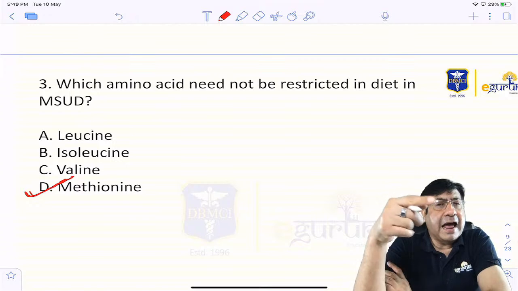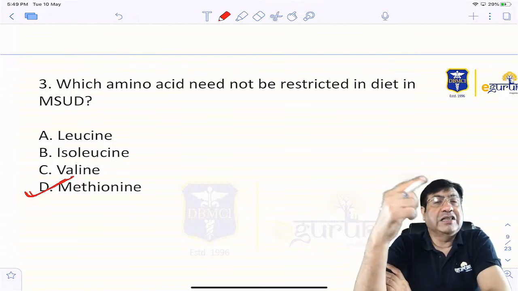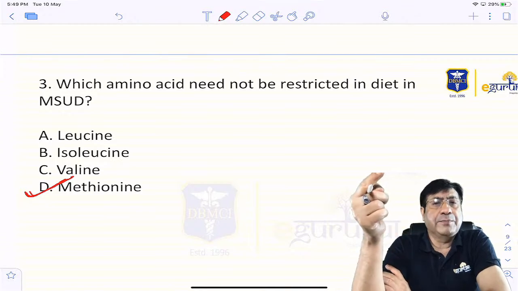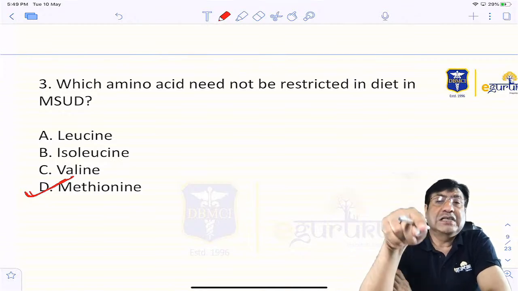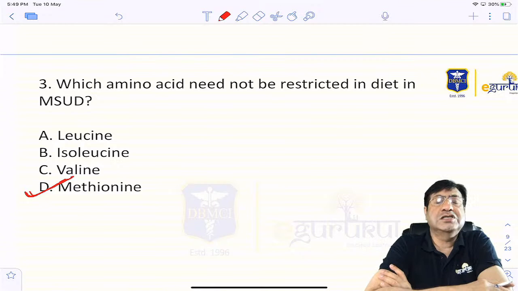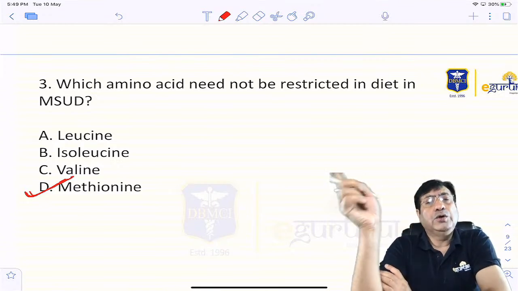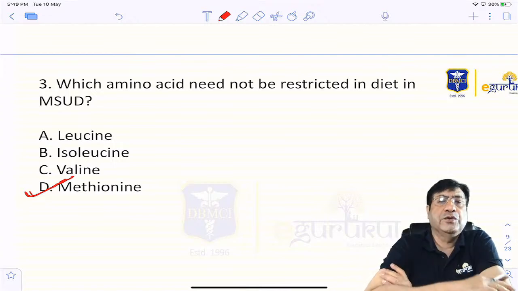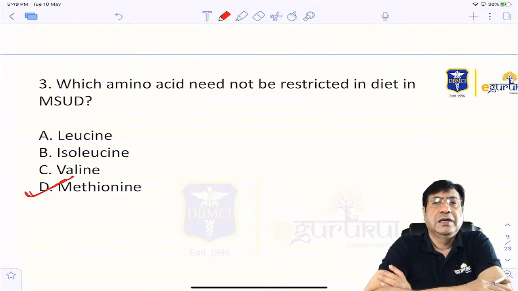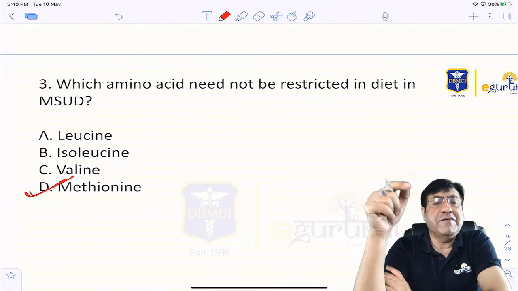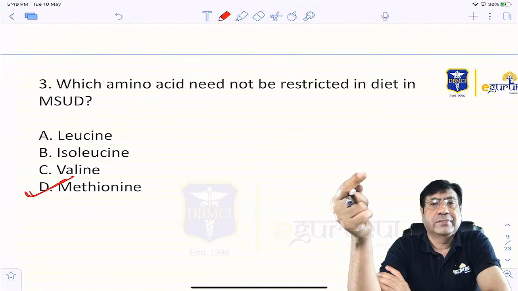In fact, in my app, the next metabolic disorder that I talked about after maple syrup urine disease was the disease in which methionine and homocysteine accumulate, which is homocystinuria. Now there you have to be more restrictive of methionine, because homocystinuria is a disorder associated with deficiency of the enzyme cystathionine beta synthase.